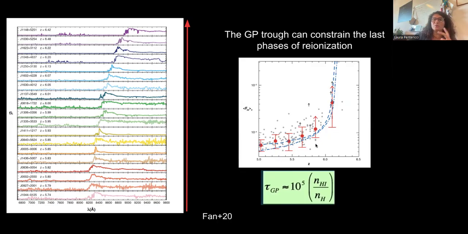So the Gunn-Peterson trough just tells you that there is some residual neutral hydrogen, but it's not so sensitive to it, it basically saturates at a small value. So you just need a little bit of neutral hydrogen, and then you will see this trough. So you will see basically a blank region in the spectrum of your quasar.